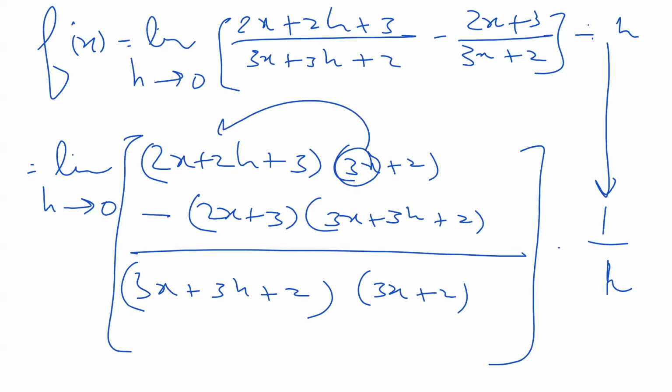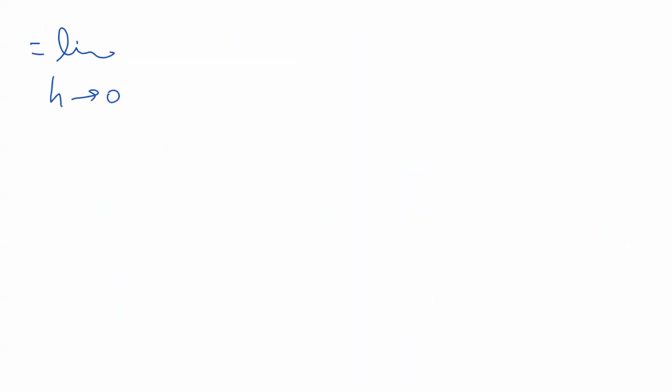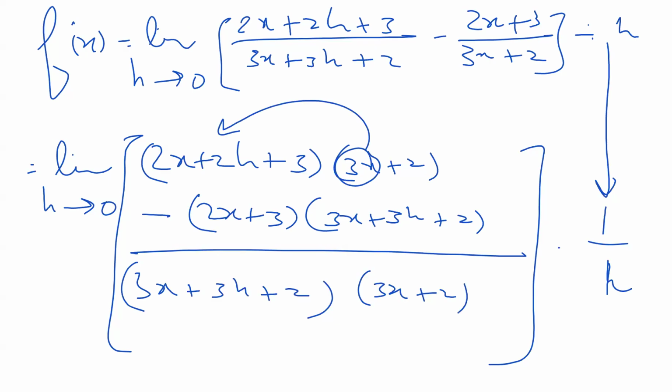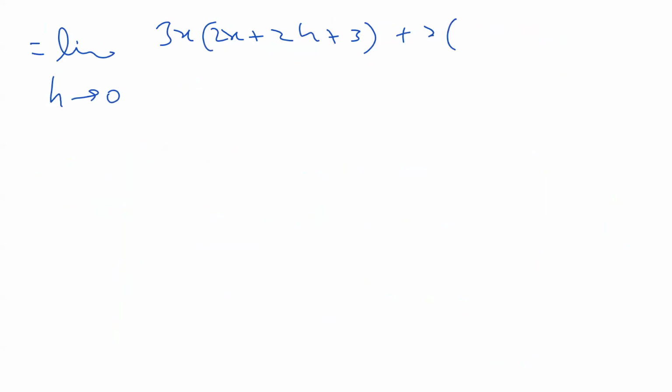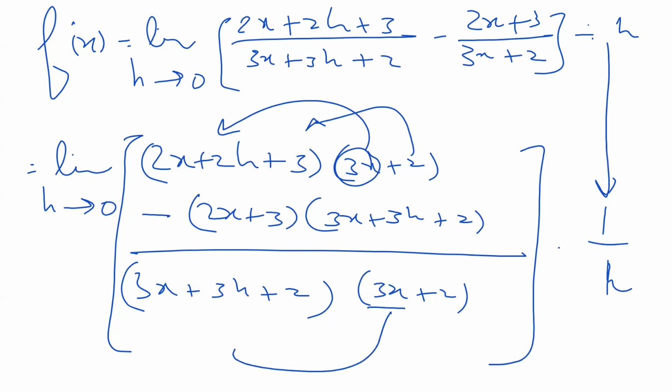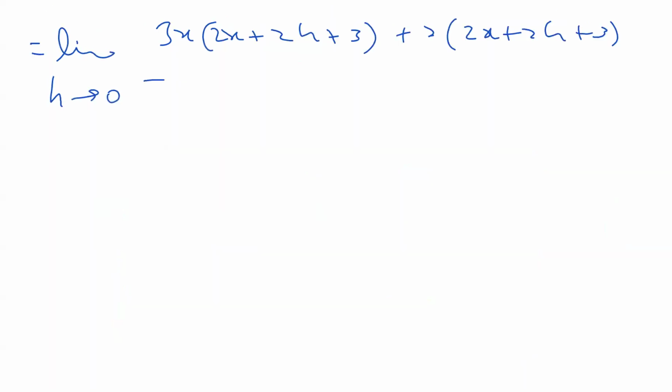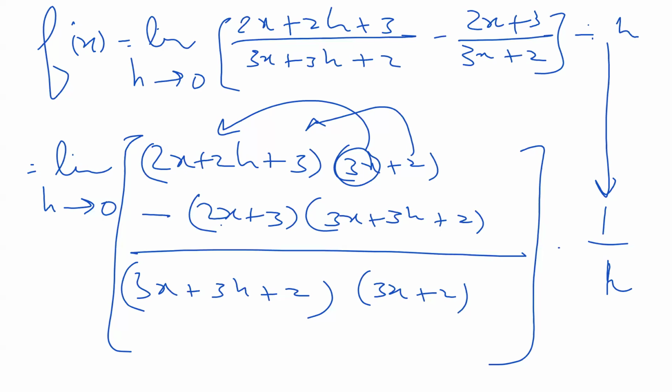So limit h approaching 0. So 3x into this entire term, 3x, 2x plus 2h plus 3, okay, plus 2 into the entire term, so plus 2 into 2x plus 2h plus 3, minus this 2x into the entire term, but then there is a minus sign outside.